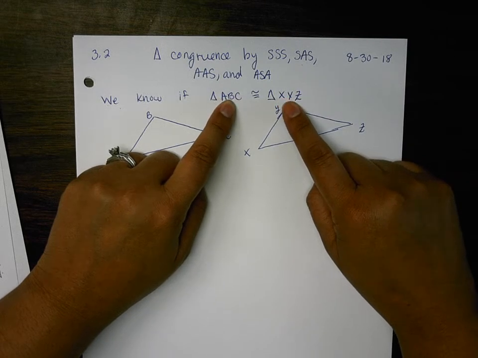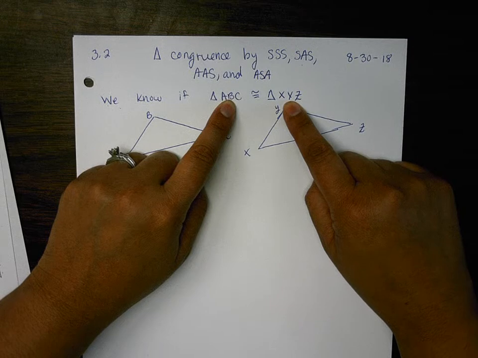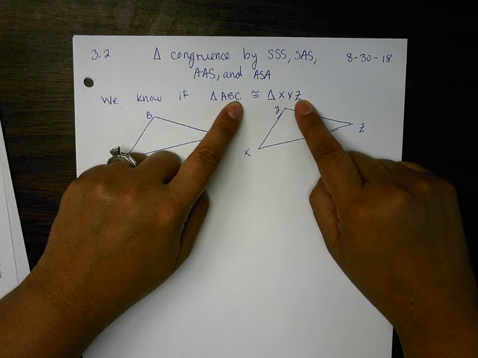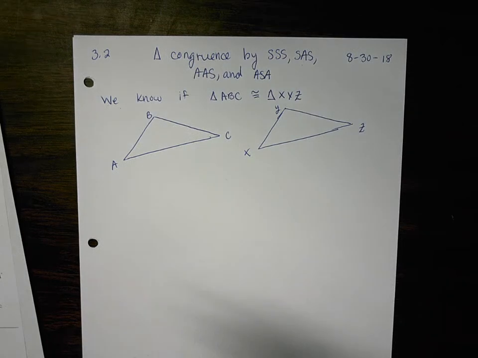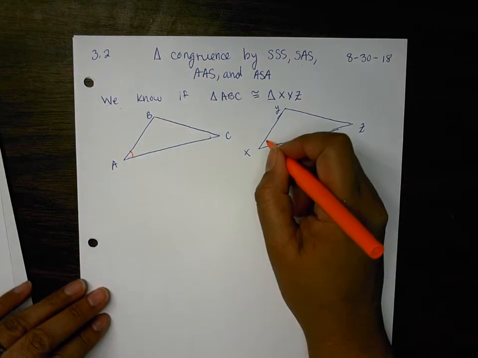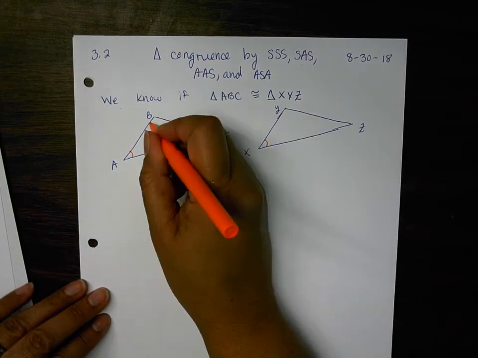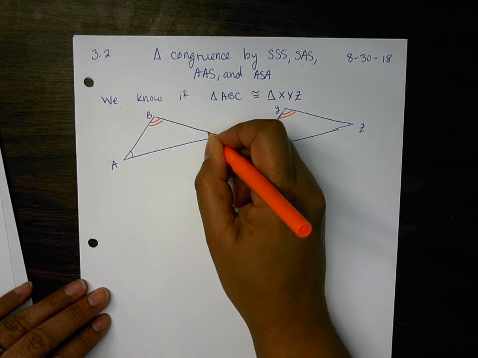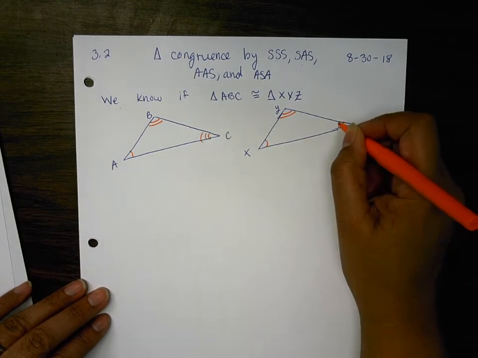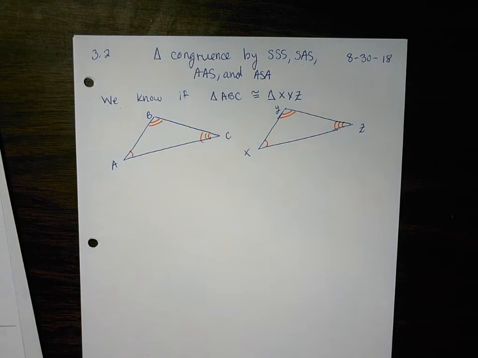What is B's corresponding angle? Y. And what is C's corresponding angle? Z. So we know that corresponding angles are congruent. So A is congruent to X, B is congruent to Y, and C is congruent to Z. Now, are all angles congruent all over the place?